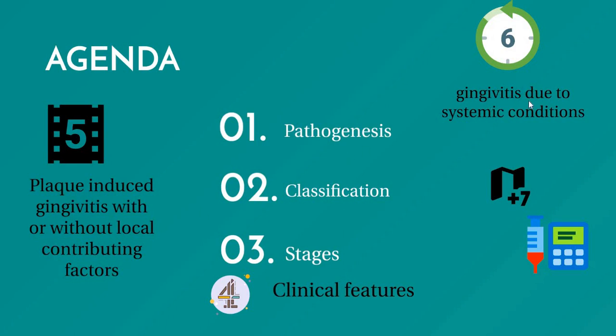And finally, we have gingivitis due to systemic conditions, which we may talk about later. And after all, we will discuss the management, simply, how we manage the gingivitis case.